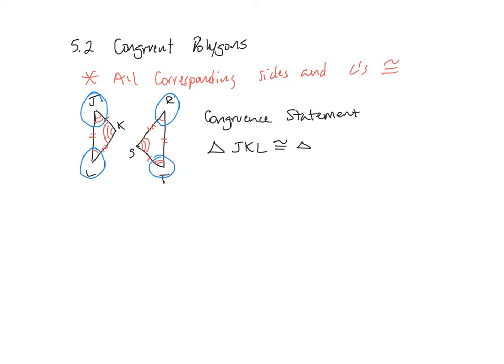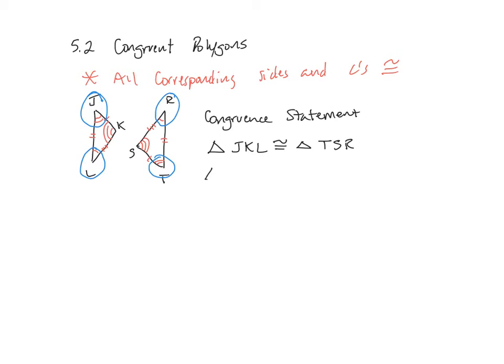J has the two arc marks and the T has the two arc marks, so I need to put T. Then K has the 3 and S has the 3, so I need to put that one. And then L has 1 and R has 1. So I must put that order or it's not correct.